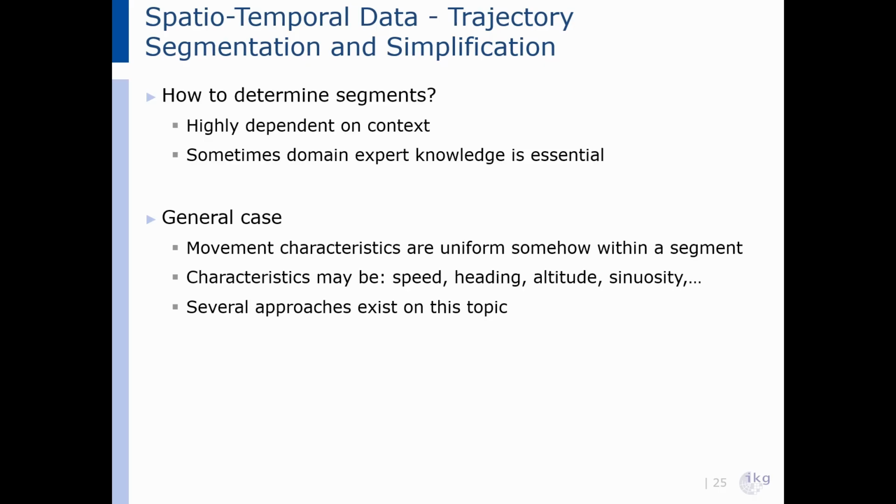So when one of those attributes changes significantly, that's a good indicator that a new segment begins. There are many different approaches to segment, and we will look now at some well-known methods.